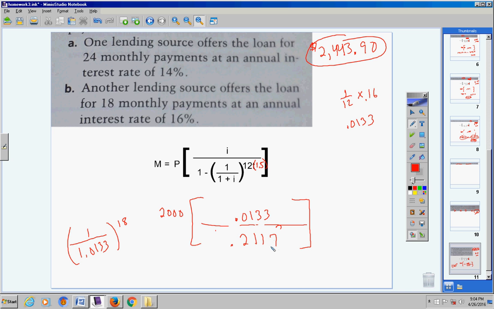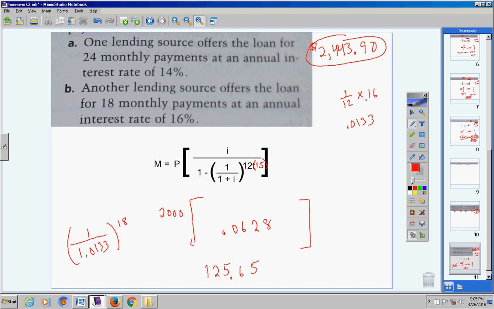So here we go. 0.0133 divided by 0.2117. Enter. And that's going to give you this right here. 0.0628 times 2,000. And here's your monthly payment, 125.65. So your payment's higher, but it's for less months.